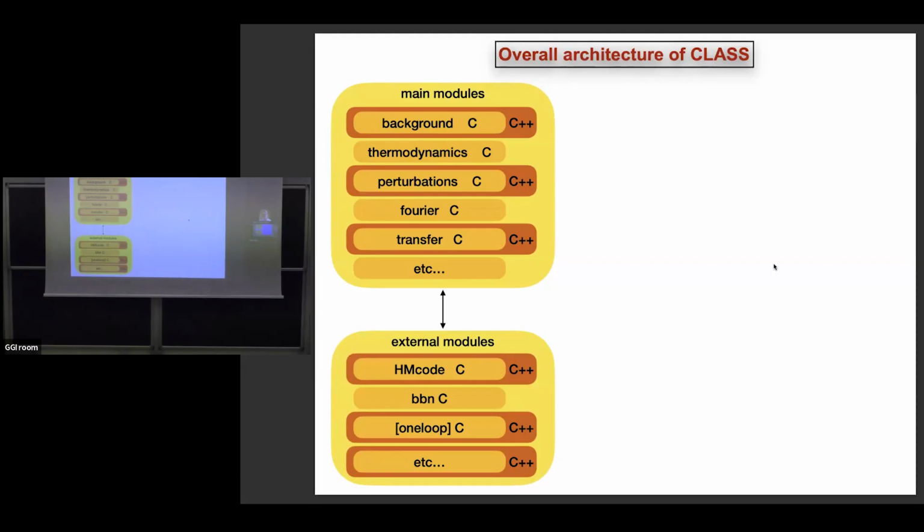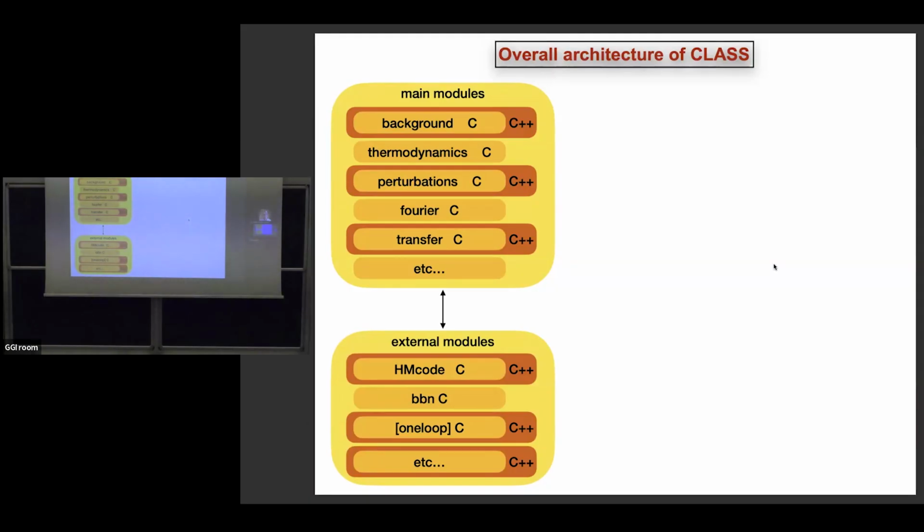So HMcode or HaloFit contain these fitting formulas for nonlinear corrections. BBN ideally would solve BBN with a fast code like the one of Hong Wang, but in fact it's just reading an interpolation table produced by another BBN code. And I'm going at the end to talk about the OneLoop module, which is between brackets because unfortunately it's still not publicly released.